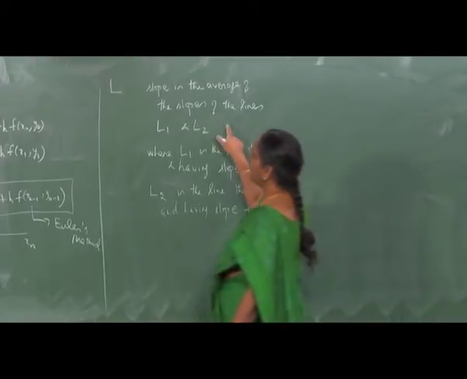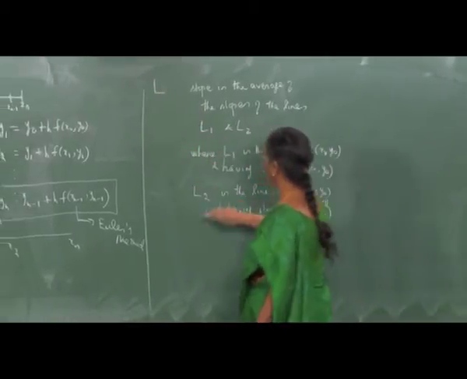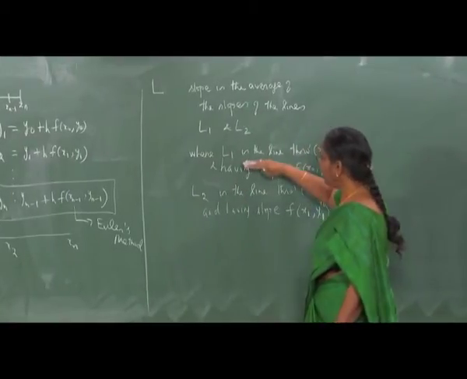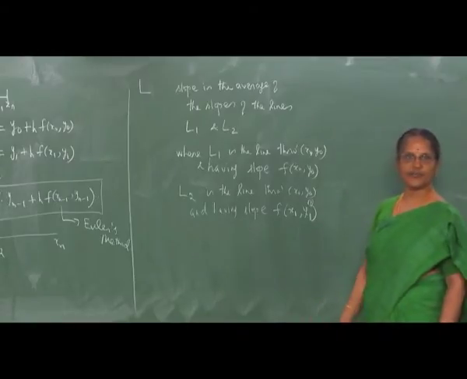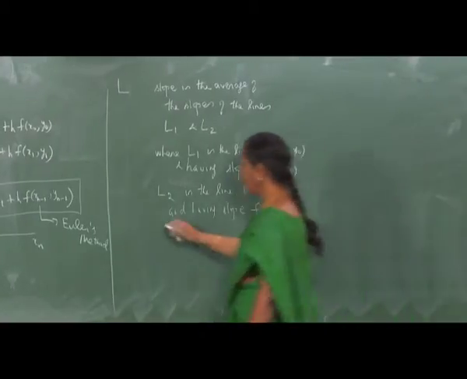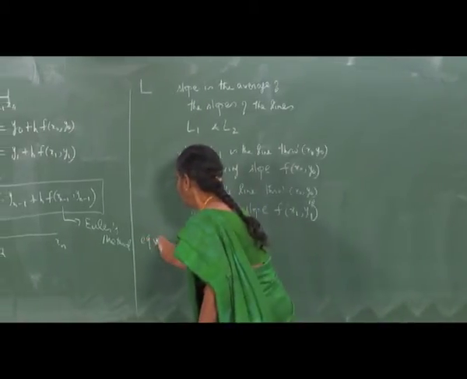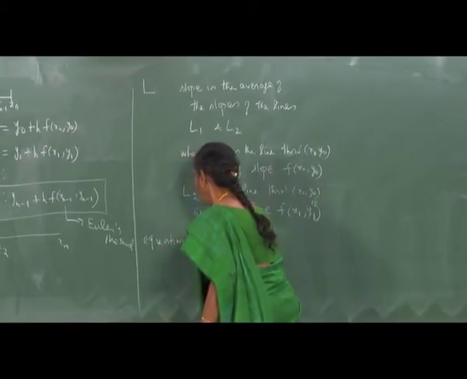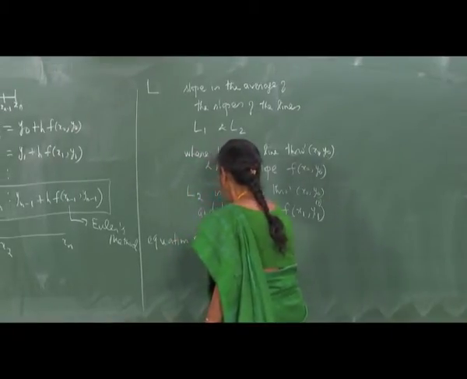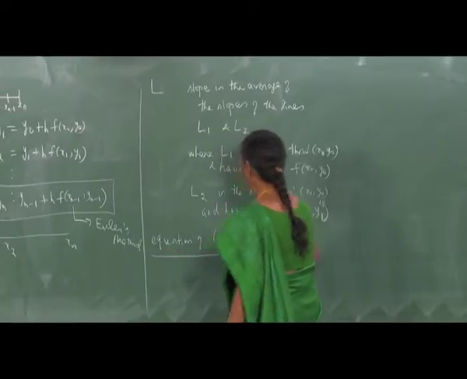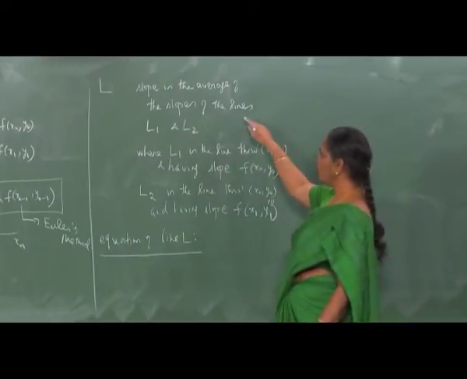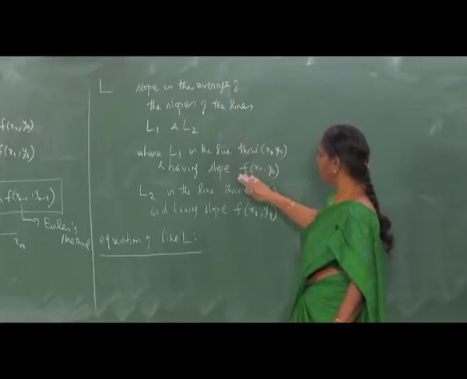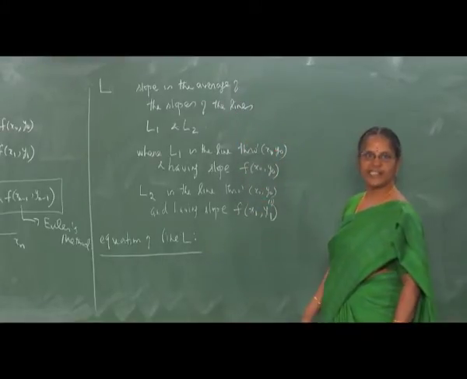Now, take the line L to have its slope to be the average of the slopes of the lines L1 and L2. So, let us now write down the equation of the line L. What is the equation of line L? This line passes through x0, y0 and has its slope to be the average of the slopes of these two lines.